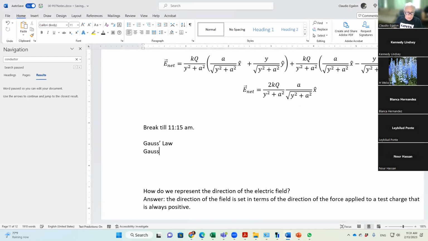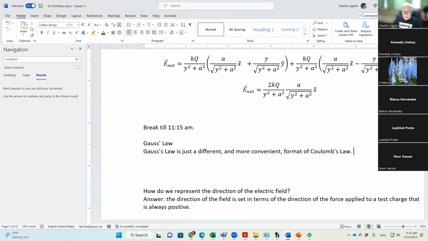Gauss's law is just a different and more convenient format of Coulomb's law. That's what Gauss's law is all about. Gauss's law is Coulomb's law in a different format.